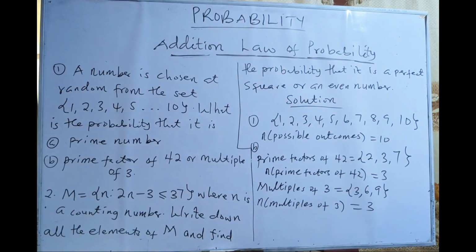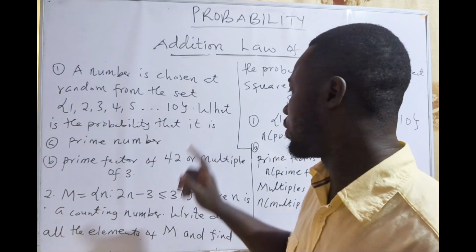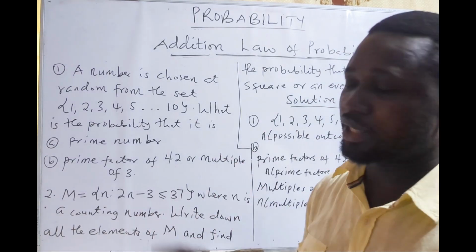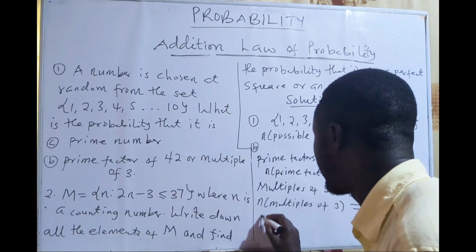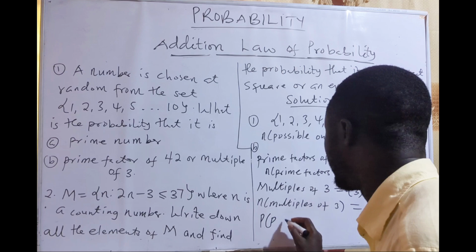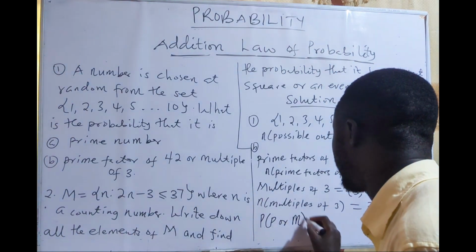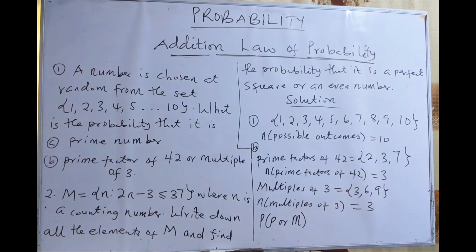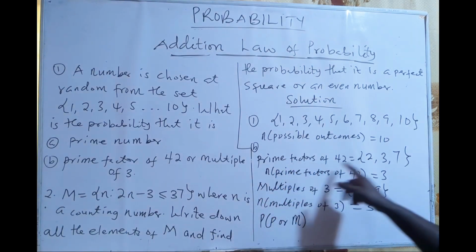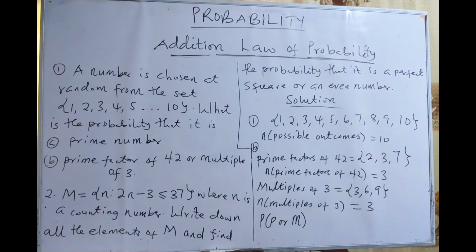Then I'm finding the probability that it is either a prime factor of 42 or a multiple of 3. So probability of prime factor of 42 or multiple of 3. Let me use P for prime factor of 42 and M for multiple of 3.